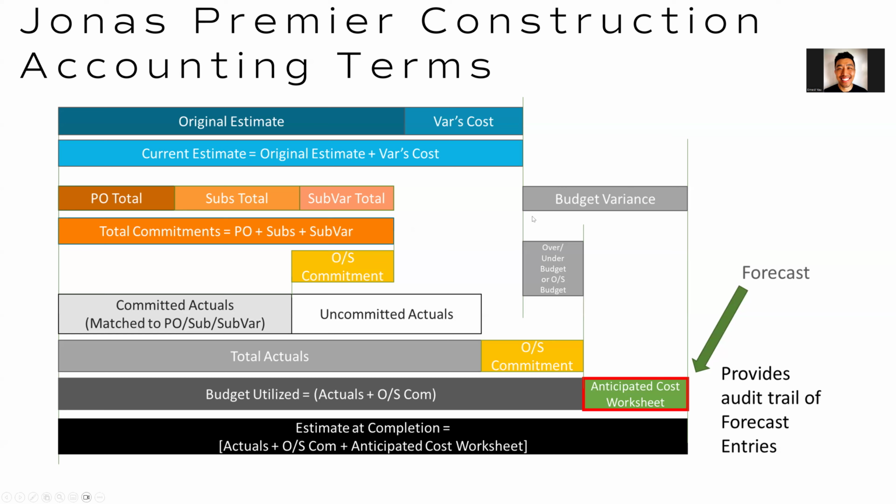We also have this anticipated cost worksheet. I will gloss over that; we'll deal more with that in the forecasting session. But remember in the previous screen, we had that estimate at completion figure, or the EAC as Premiere calls it. That is really just your actuals plus your outstanding commitments, plus this anticipated cost worksheet, which is a forecasting feature that we'll run through in a later session.